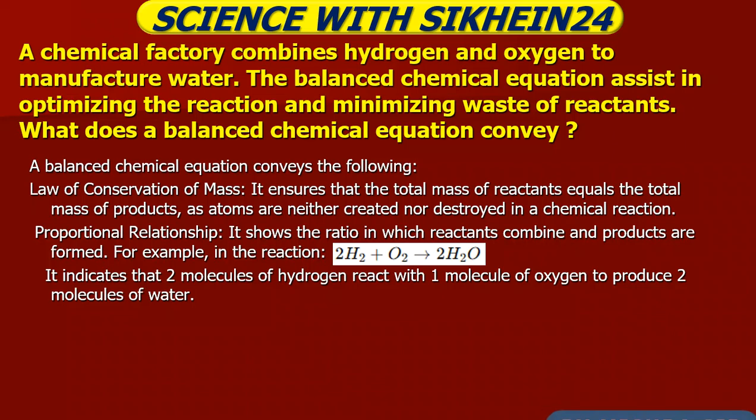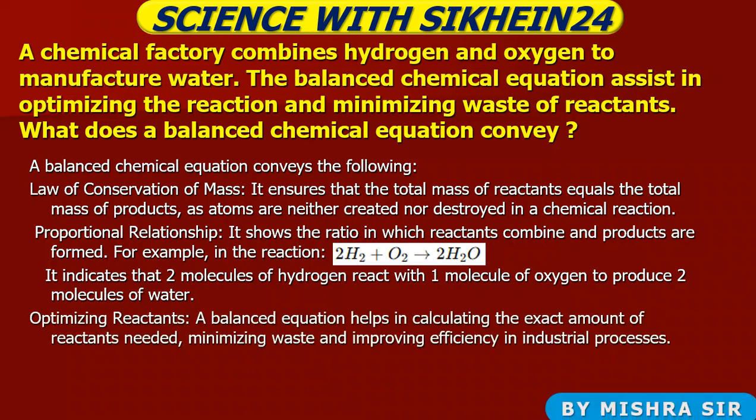So next, optimizing reactants is what? A balanced equation helps in calculating the exact amount of reactants needed, minimizing waste and improving efficiency in industrial processes.